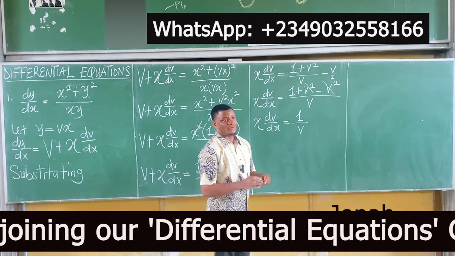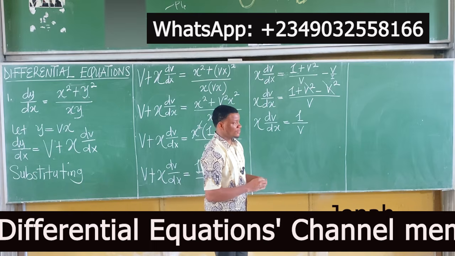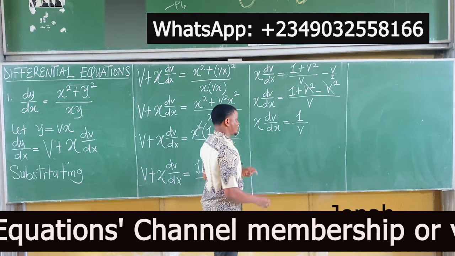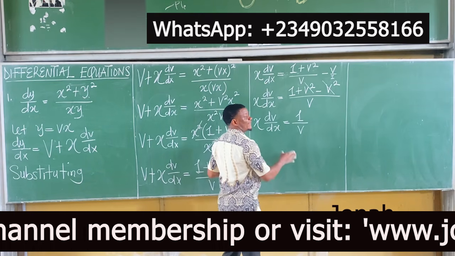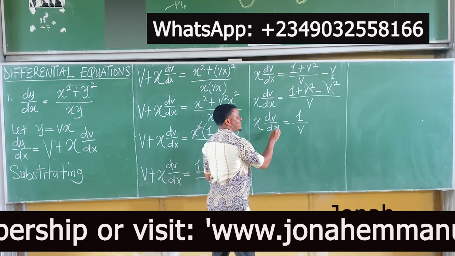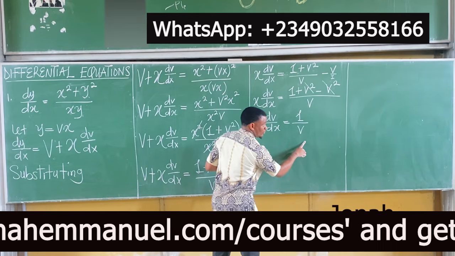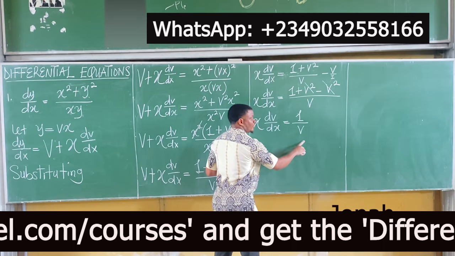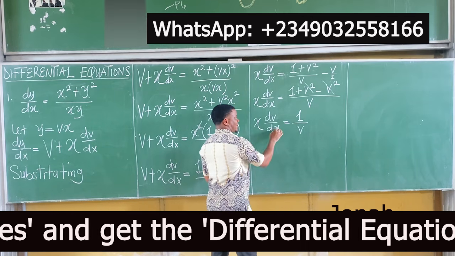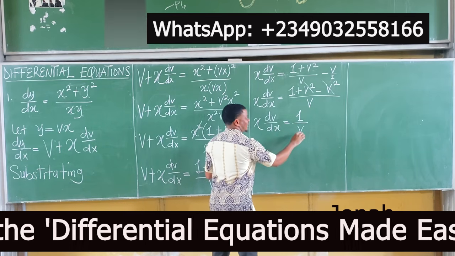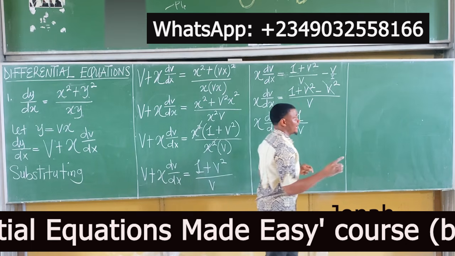Let me just give you a simple pattern about it. This is level 200, of course, so I won't start shouting plenty. What to do here is simple. Whenever you're having this case, what to do is that dx goes up and this v becomes a denominator. Please. All right. This dx here goes up. This x comes down as a denominator. And here's your reason.